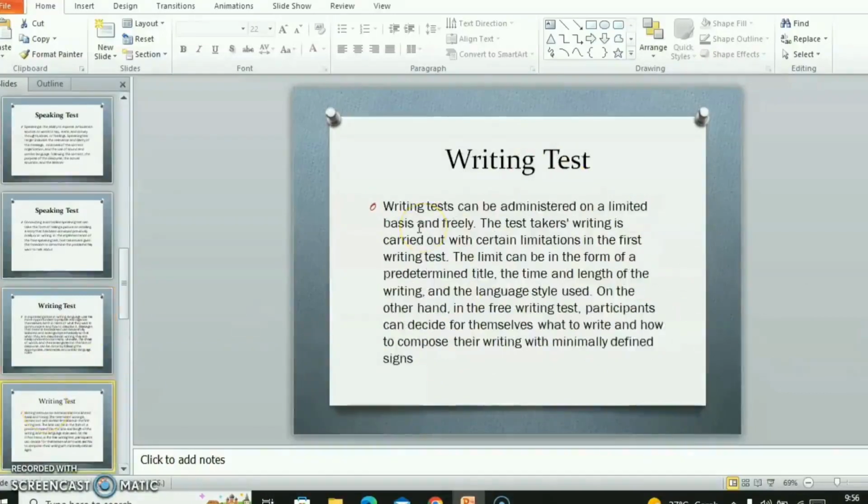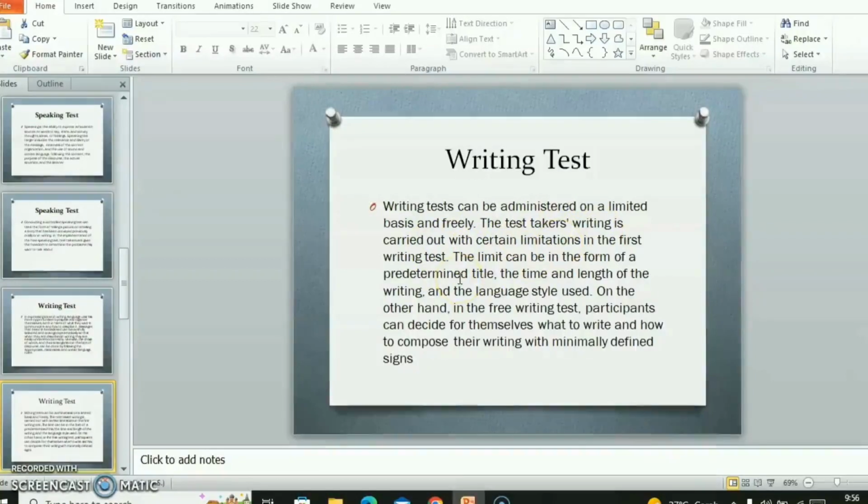Okay, and this is the way to administer the writing test. A writing test can be administered on a limited basis and freely. The test taker's writing is carried out with certain limitations in the first writing test.